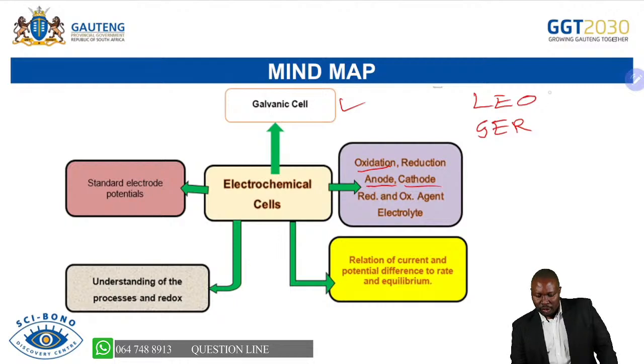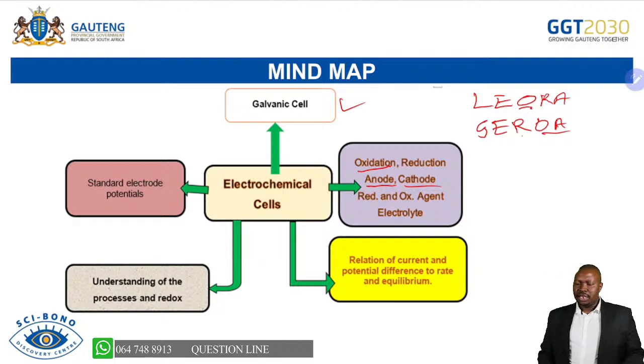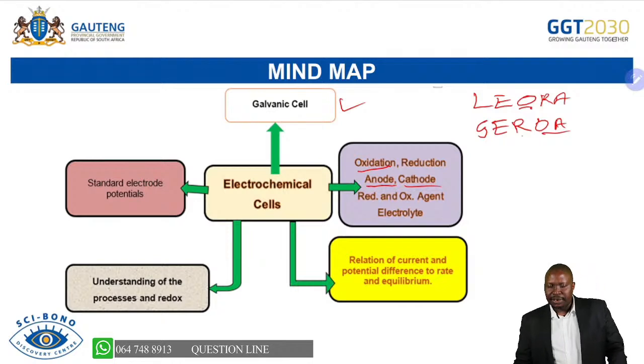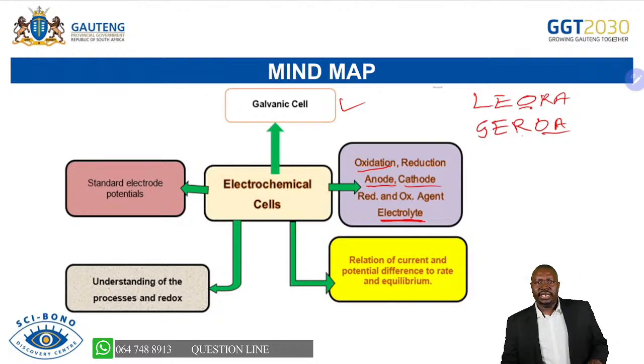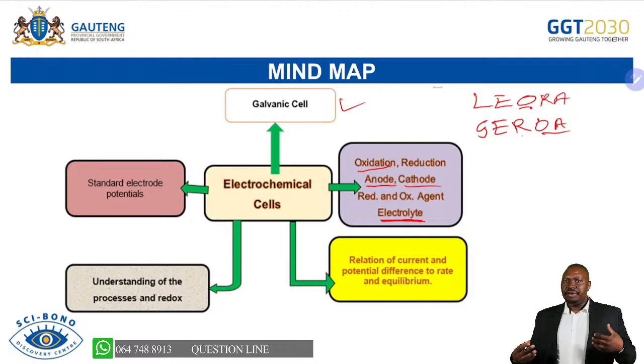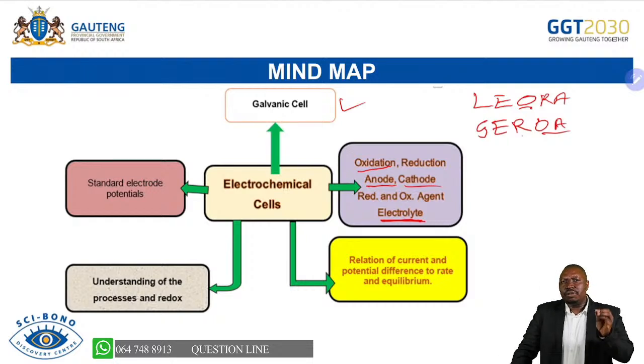We said a reducing agent is a substance that undergoes oxidation. We said an oxidizing agent is a substance that undergoes reduction. Please remember that at all times. You must also know what an electrolyte is, because we will be using an electrolyte, which is a solution that conducts electricity. Most of the time you have done what we call hydrolysis, which is a reaction of salt and water.